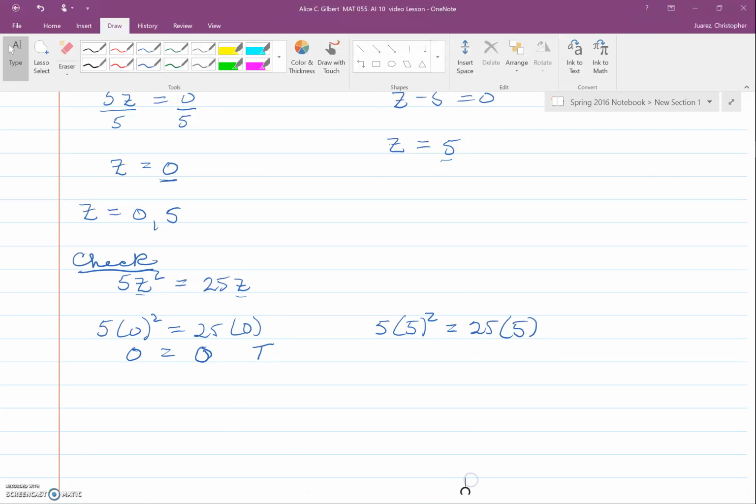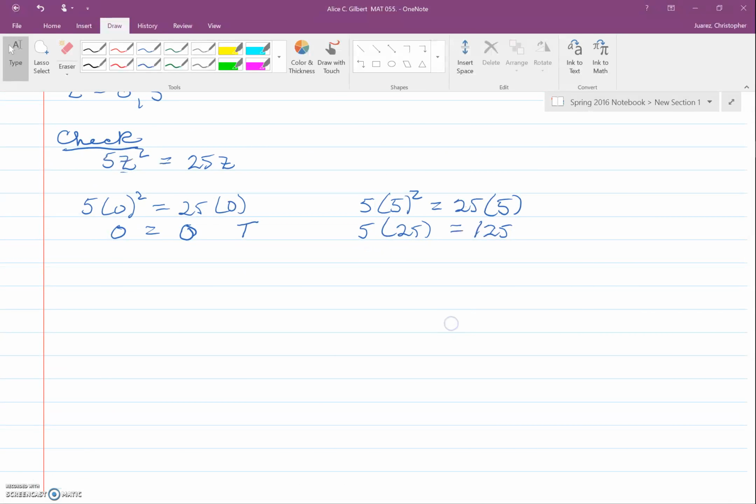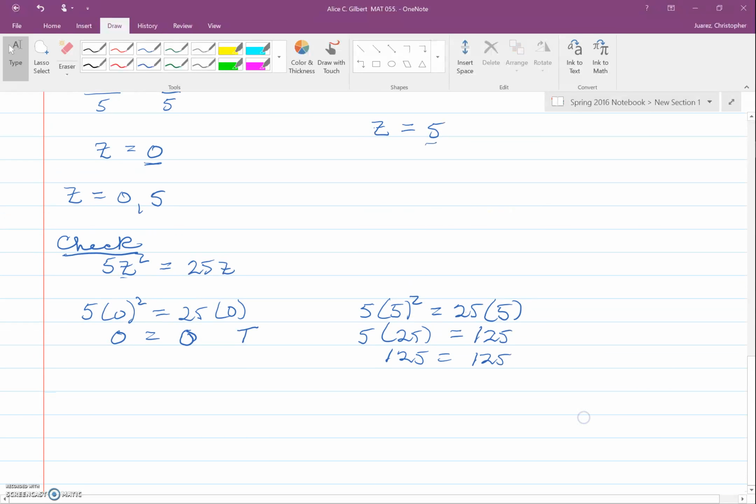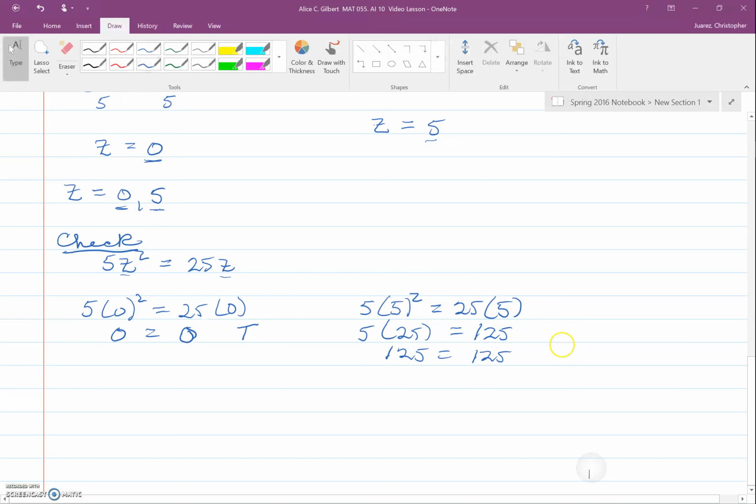So 5 squared is 25. 25 times 5 is 125. And 5 times 25 is 125. And 125 equals 125 means that both this answer and this answer are true. And so those are our final answers.